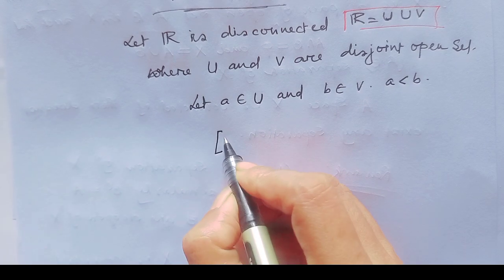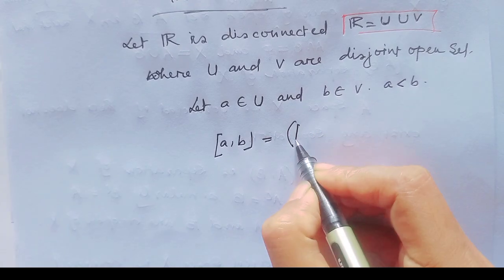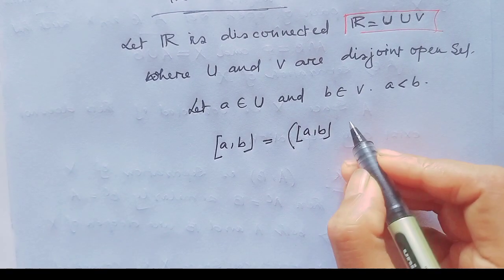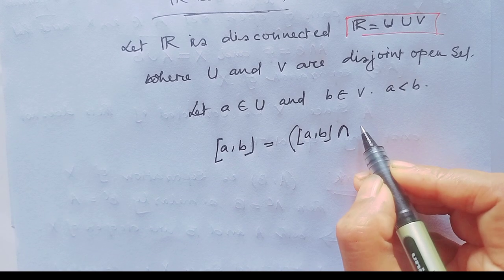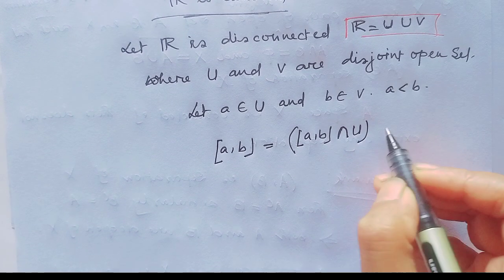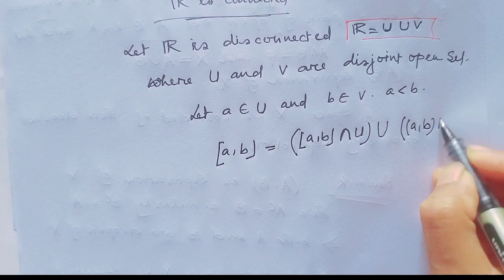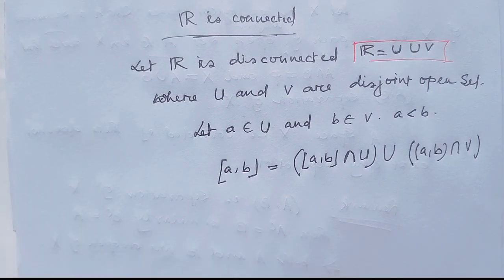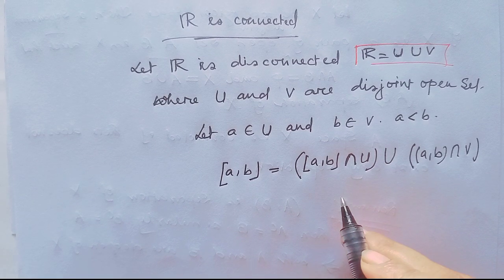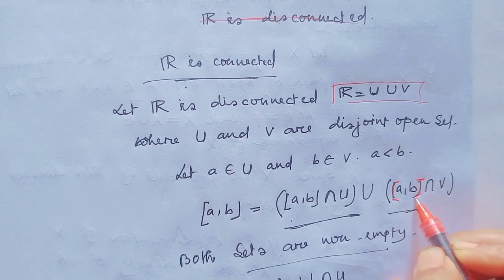Then the closed interval [a, b] equals [a, b] intersection U union [a, b] intersection V. Sorry, here I have done one thing wrong; here this would be the closed interval [a, b].